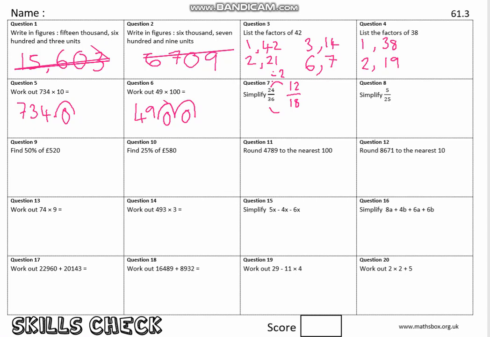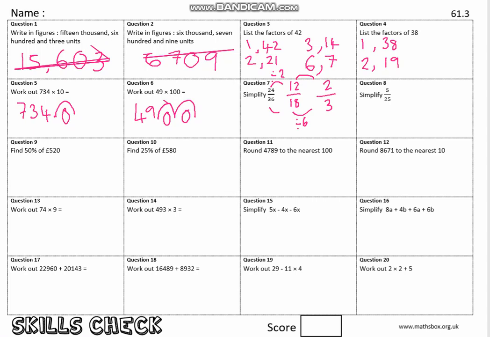But I can still simplify this one. I could halve it again, or I could say, what's a higher number that goes into these? Actually, 6 goes into 12, and 6 goes into 18. How many 6s go into 12? Well, 2. And how many 6s go into 18? 3. So that would be my final answer, 2/3.